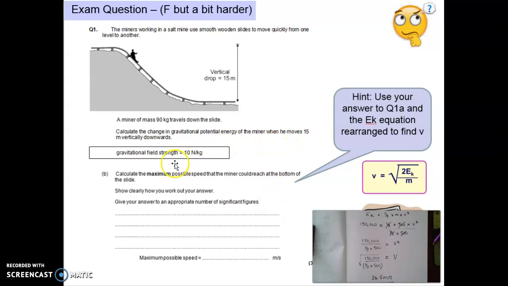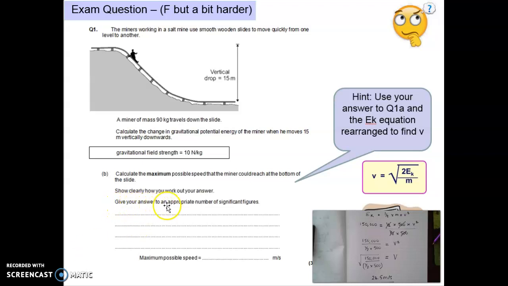You've got to use your answer to the previous question to work out the EK here. So calculate the change in gravitational potential energy first, and then substitute that number into the EK equation so that you can work out the maximum possible speed. Pause the video and let's let you do that.